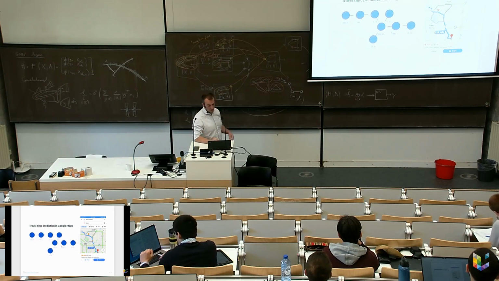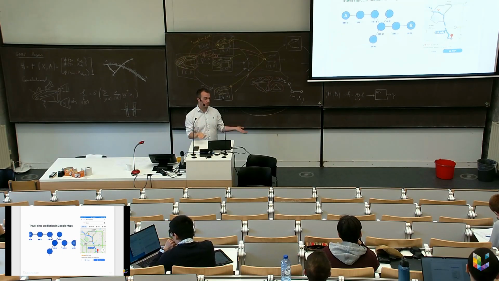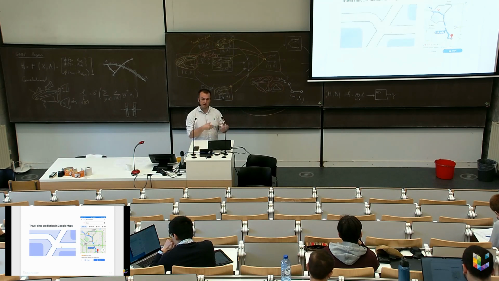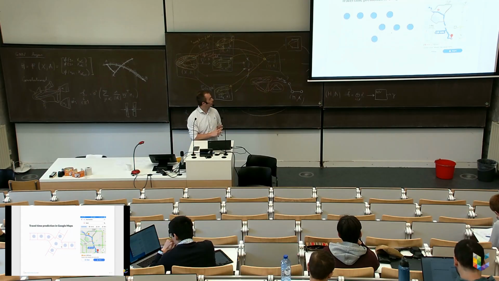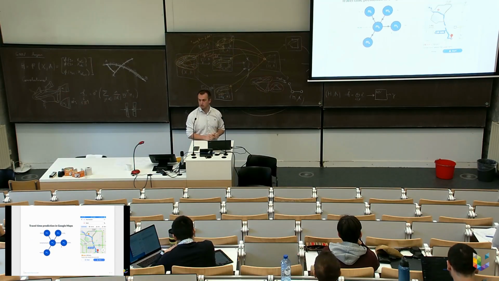And once you know the cost of passing through each node, then you can run a classical algorithm to find the shortest path going from A to B, while minimizing the total cost to reach the destination. So the GNN precisely is used to estimate the cost of traversing a segment.